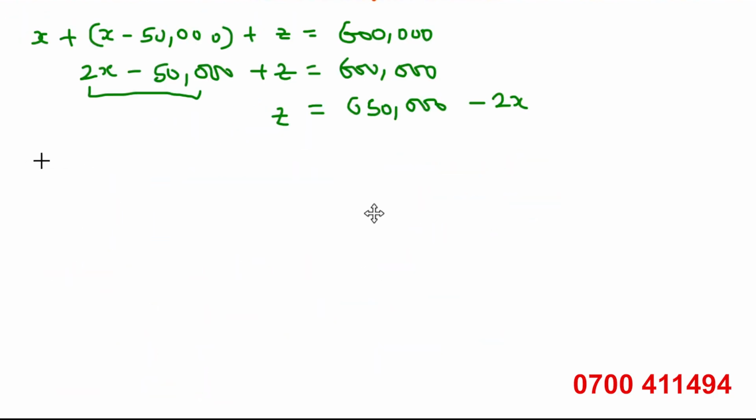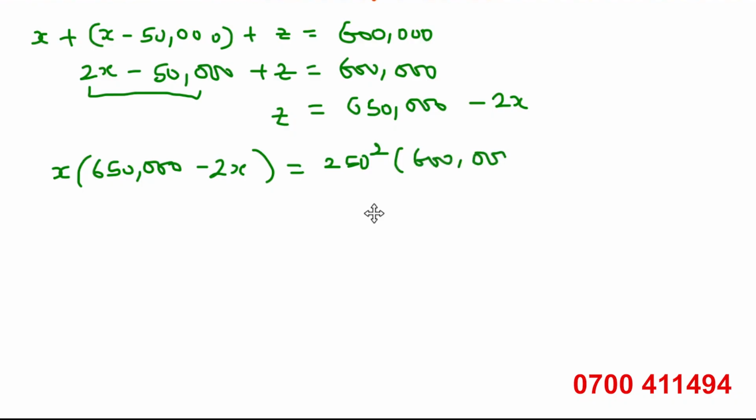So if we substitute in equation 3, we end up with x times z. Remember it was xz, now z is 650,000 minus 2x, and this is equal to 250 squared times 600,000.